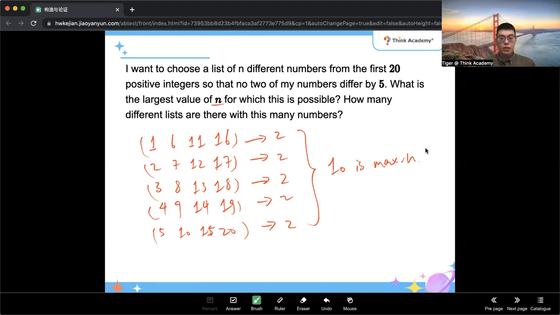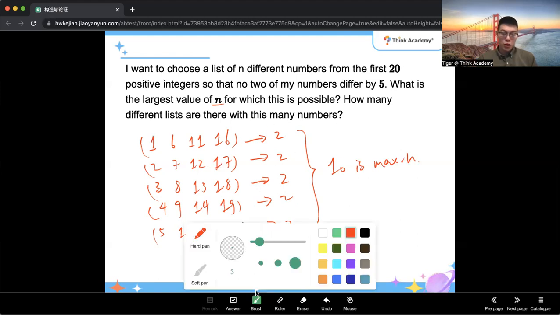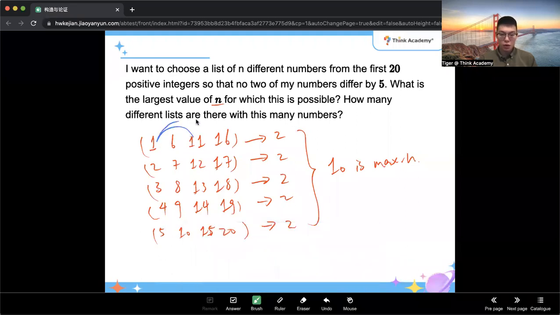So that's for the first section. And then for the second section, it's basically counting. So I'm not that good at counting, but we're going to try to do this together. So how many different lists are there with this many numbers? In each group, I can take 3 different options, 1, 2, and 3, right?